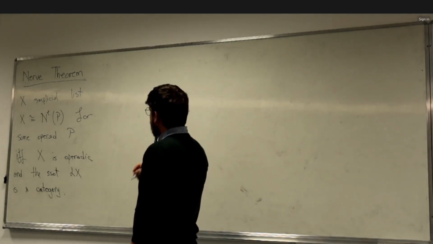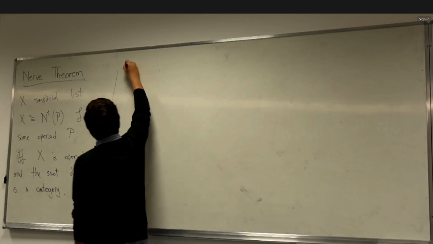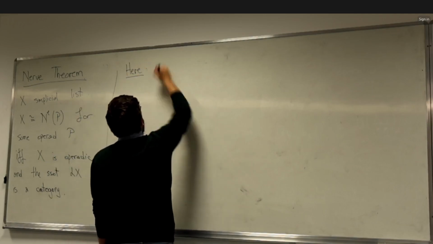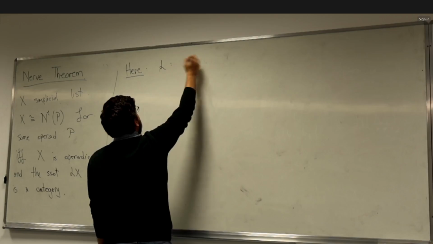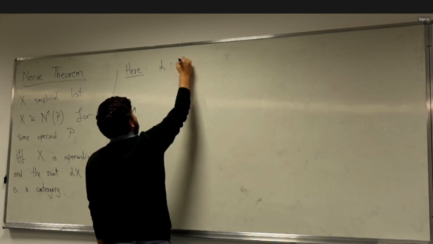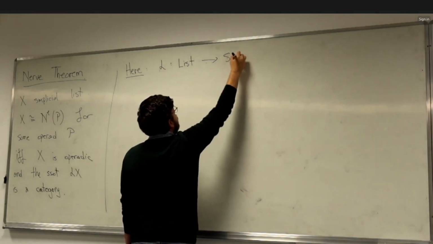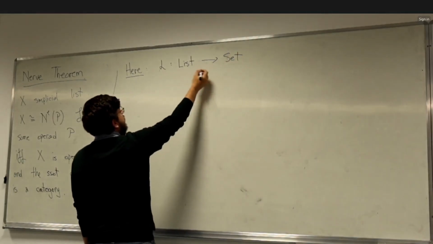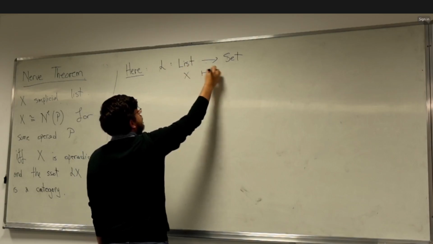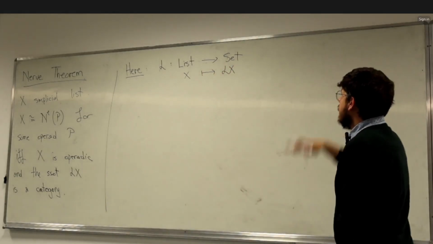So there is only one thing for me to explain here, which is what is Lx. So here, L is the Kleisli adjoint, which means we go from list to set, and we take a set X to just the set of lists, the set of sequences.